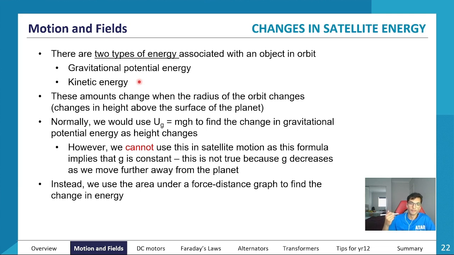So what we can do is we can change the radius of our orbit. So if you're, say, 100 kilometers in the sky, we can transform our kinetic energy so that we can go higher up.